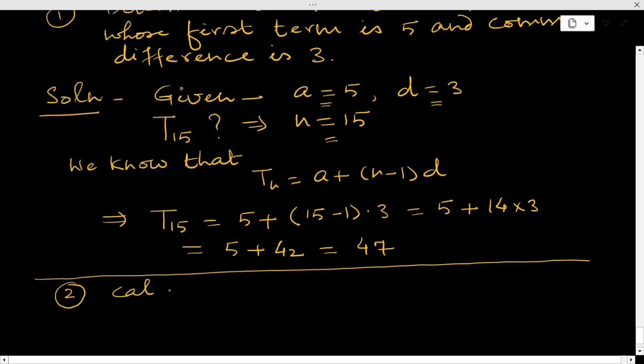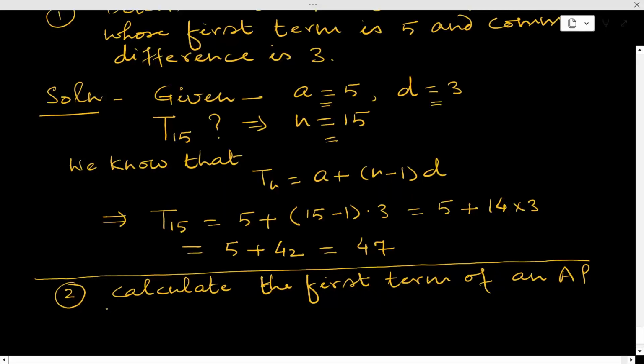Now sometimes we have a problem like: calculate the first term of an AP for which T10 is 20 and the common difference is 2.